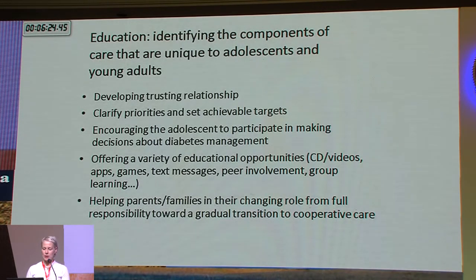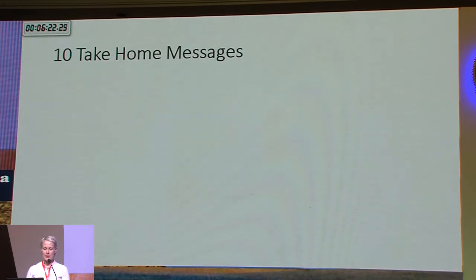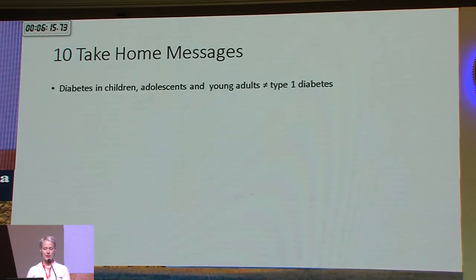So, as a conclusion, I just want to tell you 10 main take-home messages for the topic of diabetes in youth. First, diabetes in children, adolescents, and young adults is not equal to type 1 diabetes only, especially now when the level of obesity in childhood is growing.